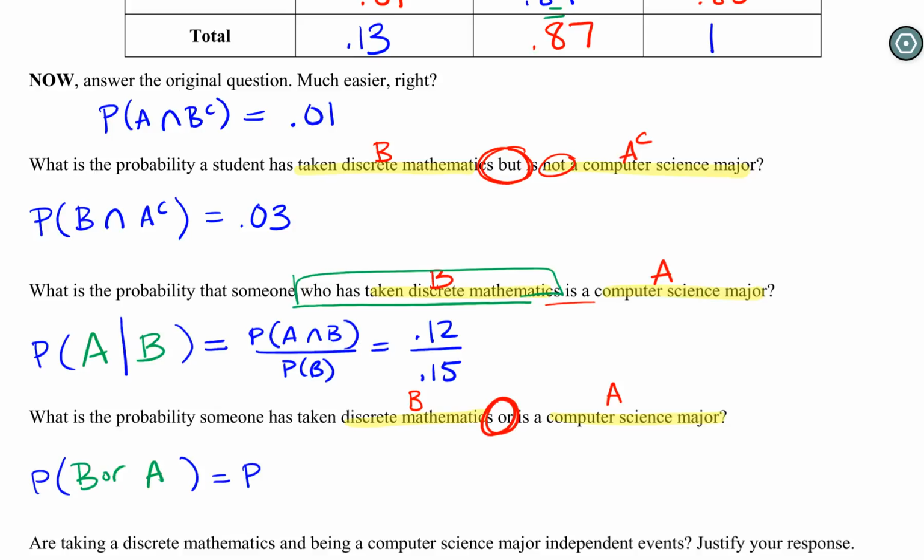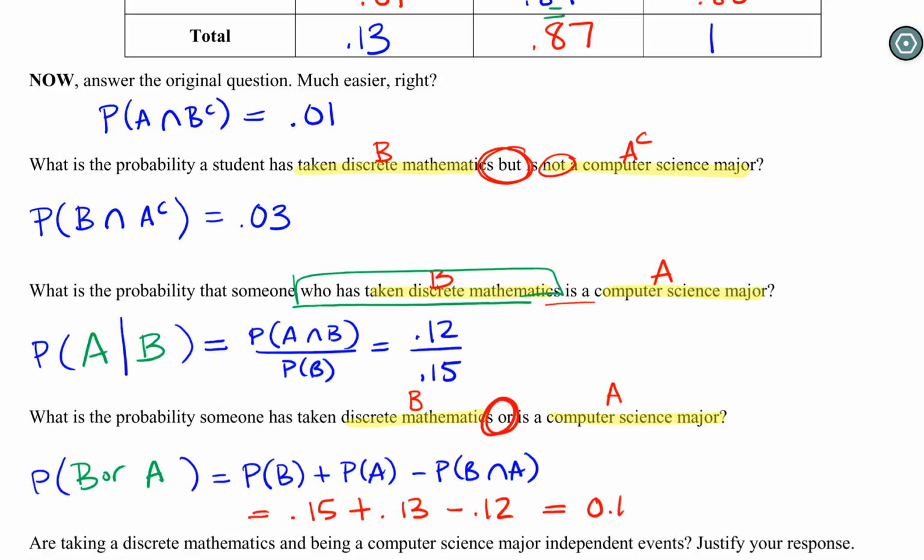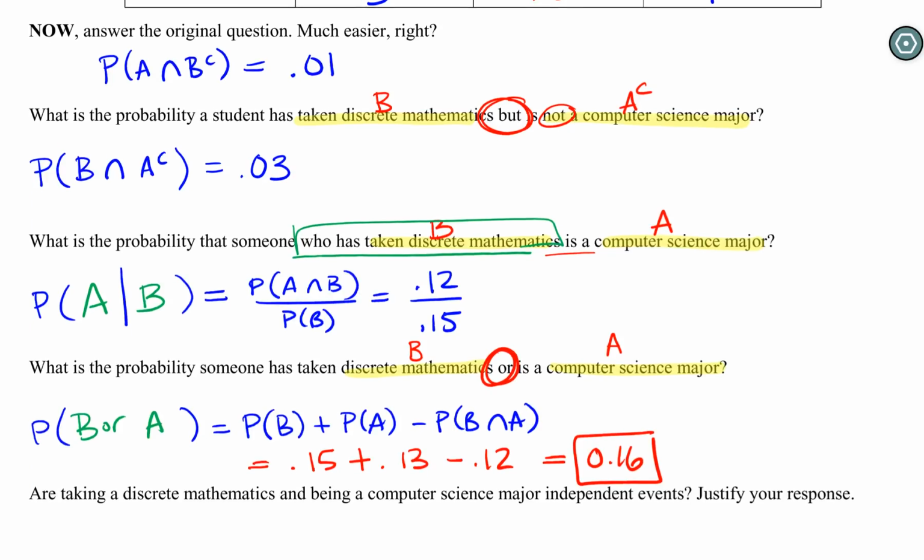So the formula for or, remember, add the two together and subtract off the intersection. So B by itself is 0.15, A by itself is 0.13, and the intersection was 0.12. So there's a 16% chance that someone has taken discrete math or is a computer science major.